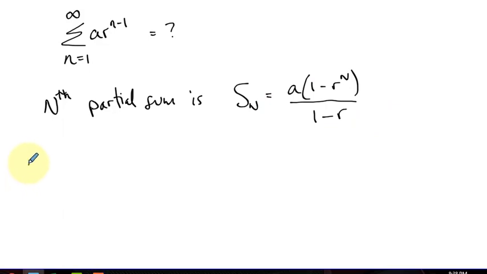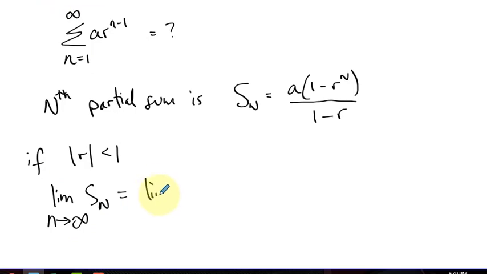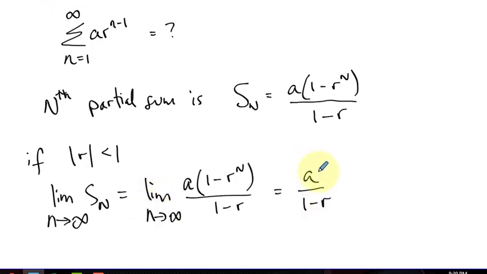Let's consider a special case if the absolute value of r is less than 1. Think about the limit as n goes to infinity of the nth partial sum. That limit is a over 1 minus r in the special case that the common ratio r is less than 1 in absolute value, some fraction between minus 1 and 1, because in that case, as n gets bigger and bigger, you have a fraction of a fraction of a fraction, like a half of a half of a half.